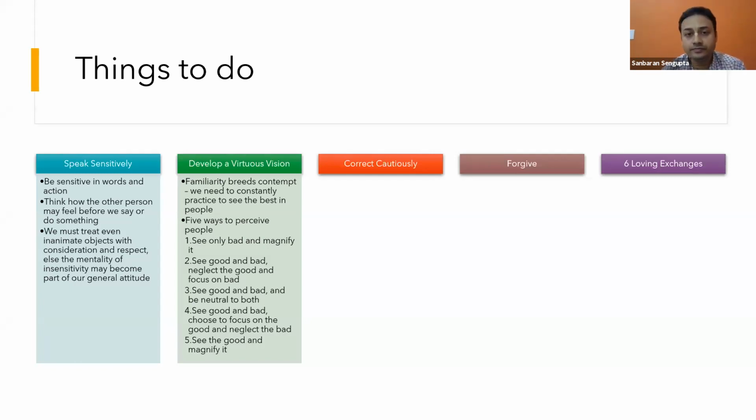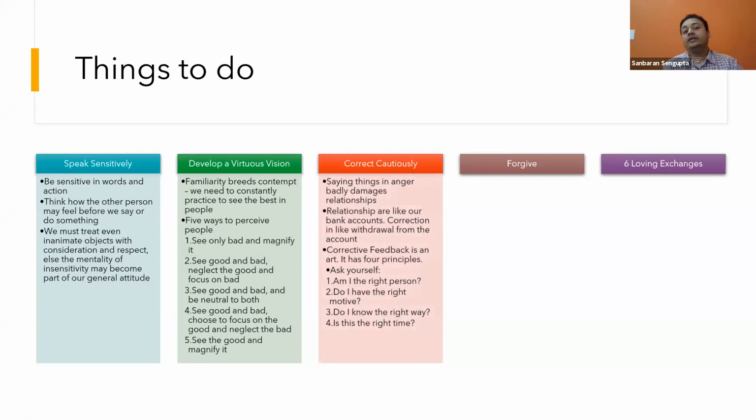Correct cautiously. Now this is a tricky thing, and this is something that needs a lot of practice. Yes, we are many times in a position to correct. We are superior as a parent, as an elder brother, as a manager or a boss in a firm. In various situations, we think that there is a need for correction.